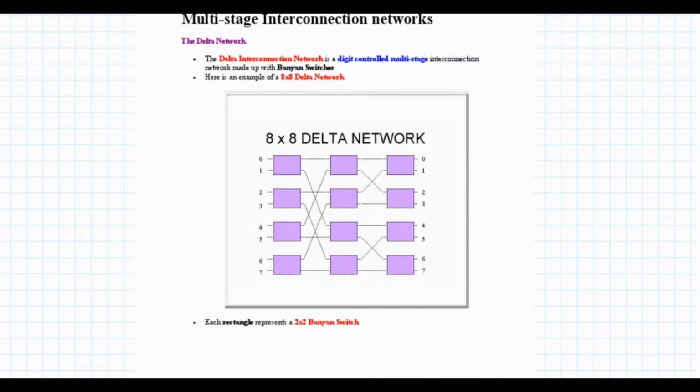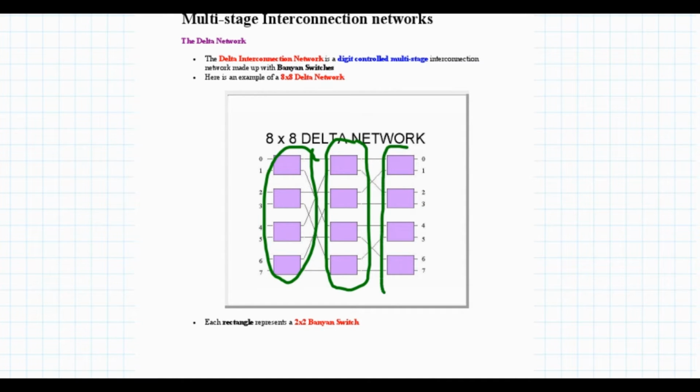Now each purple rectangle represents a 2 by 2 Banyan switch. Now why is this a multi-stage interconnection network? The justification is that you can see that here we have 3 layers of switches. This is your layer 1 or stage 1.